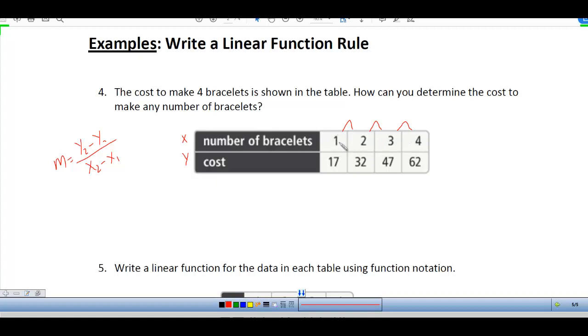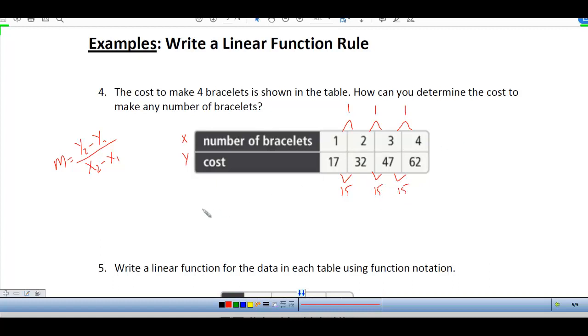From 1 to 2, the difference here is 1. From 2 to 3, an increase of positive 1. From 3 to 4, the difference is 1. And then we relate that to the difference on the output: 17 to 32, that's a change of 15, 32 to 47, and 47 to 62.